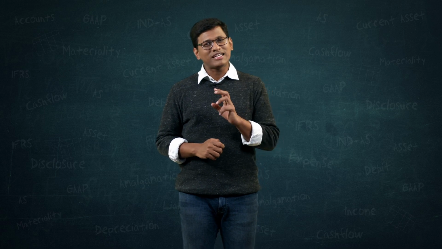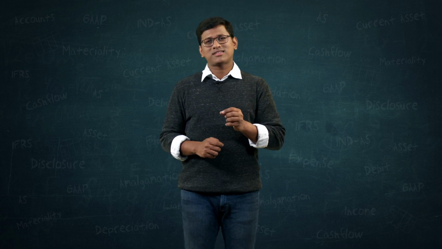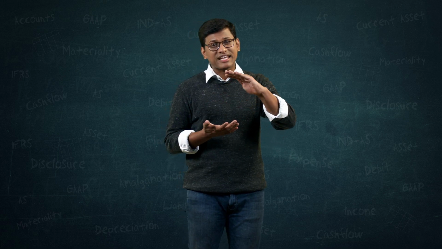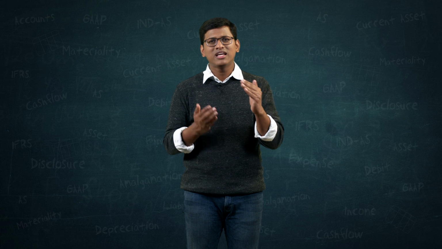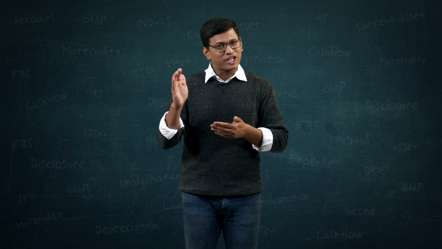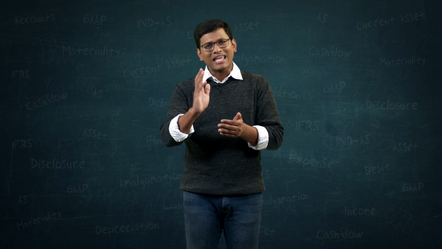So here we will understand some interesting aspects. When will borrowing cost be eligible for capitalization? When I use the word capitalization, it is basically indicating that it will not be debited to P&L, it will be debited to the asset account. That process is what we call capitalization.